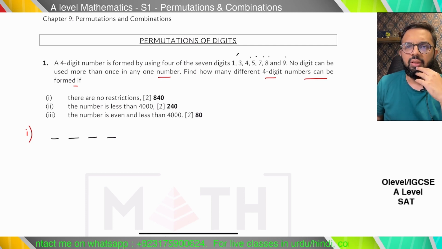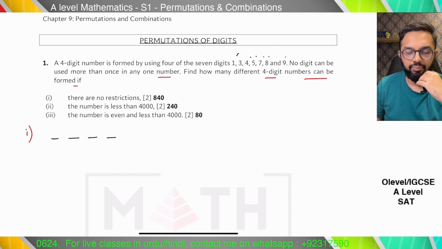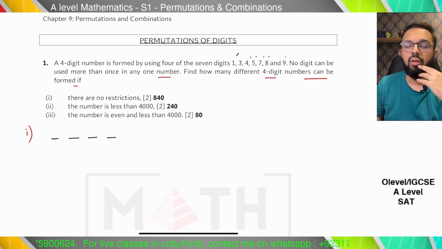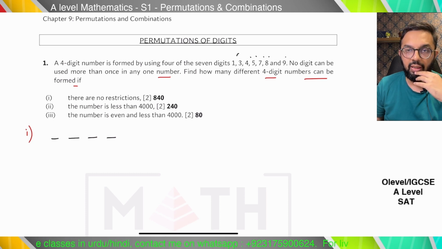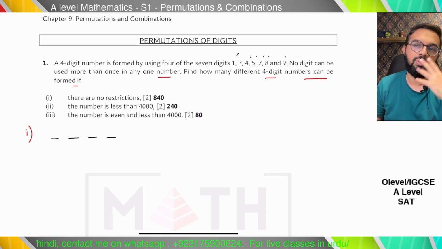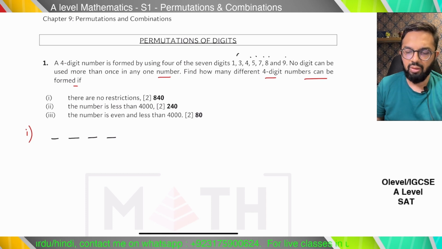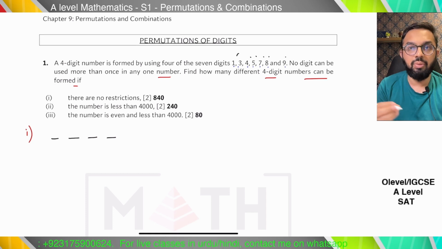Whenever you have more digits than the number of places that you have, you mix together permutations and combinations. So I'm going to use combinations to fill those dashes. How will I do this? This will always be true about questions where you have to construct numbers. You have one, two, three, four, five, six, seven numbers available.